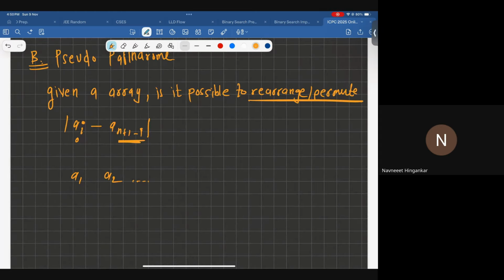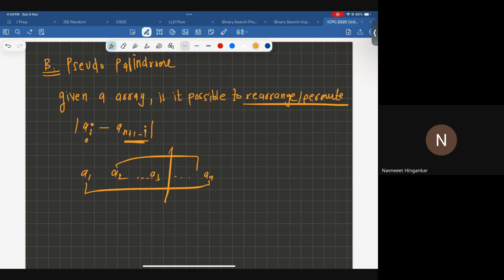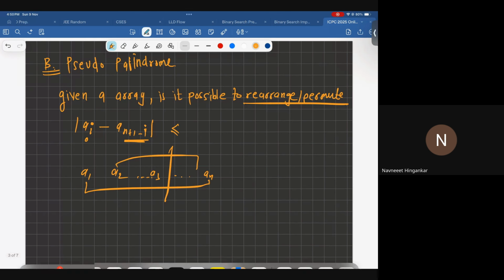So a1, a2, a3 up to an, each number is paired with its symmetric position around the center. That's the palindrome, right? So all we need to do is rearrange such that ai minus its symmetric part is less than or equal to some given number, right?